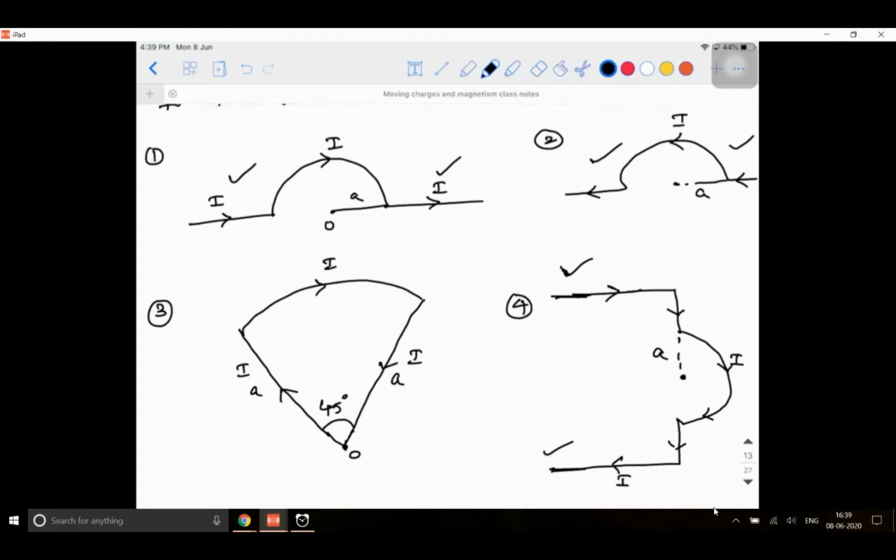Done? All the four are done? Rohit? Yes.